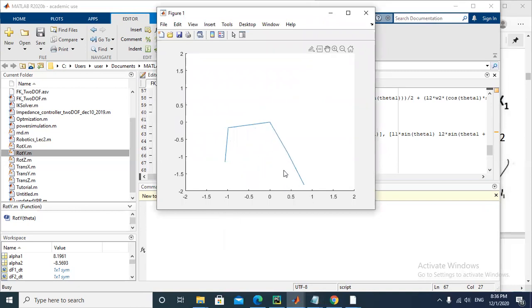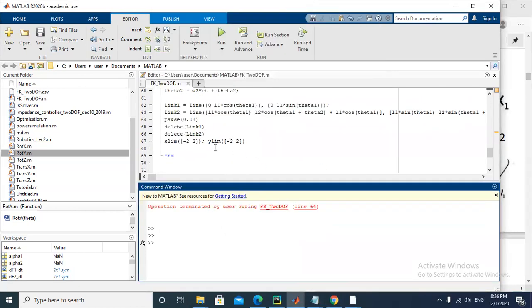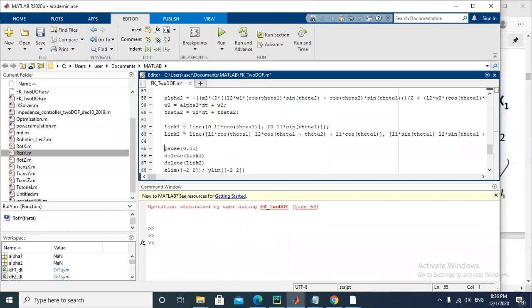Okay, very good. So you see, basically we have the full dynamics here, but then it's going unstable as a result of we don't have any damping. So what I would like to do is, let's actually set our link one line width 4, give it some thickness, and then color, let's make it blue.